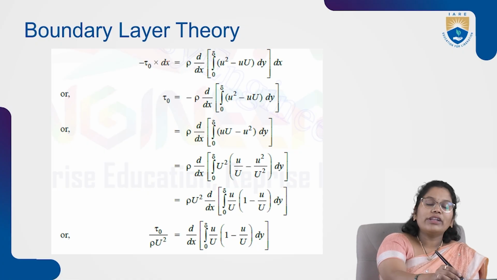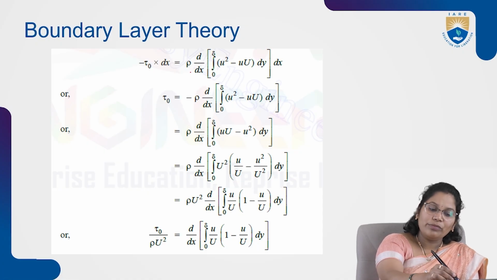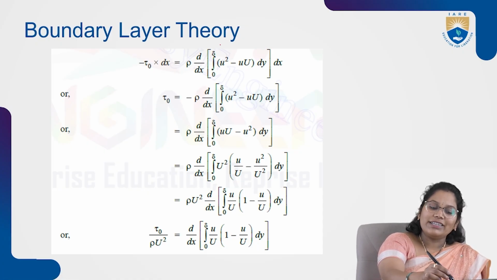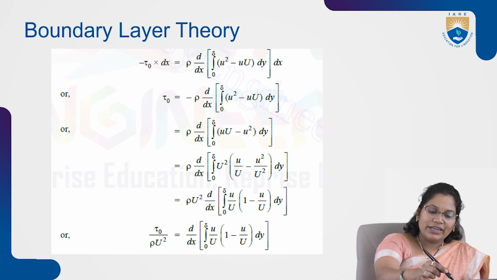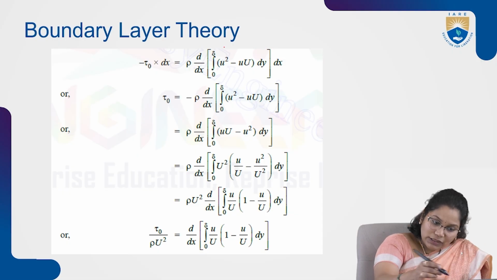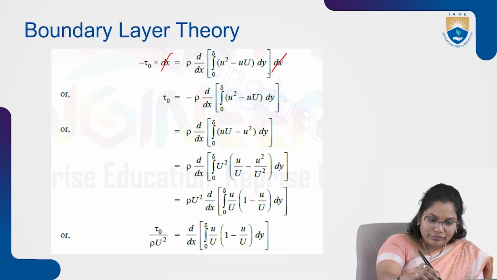So here tau naught into dx is equal to rho into d by dx integration of 0 to delta u square minus small u into capital U into dy into dx. Now we are taking this dx. So what term is left?